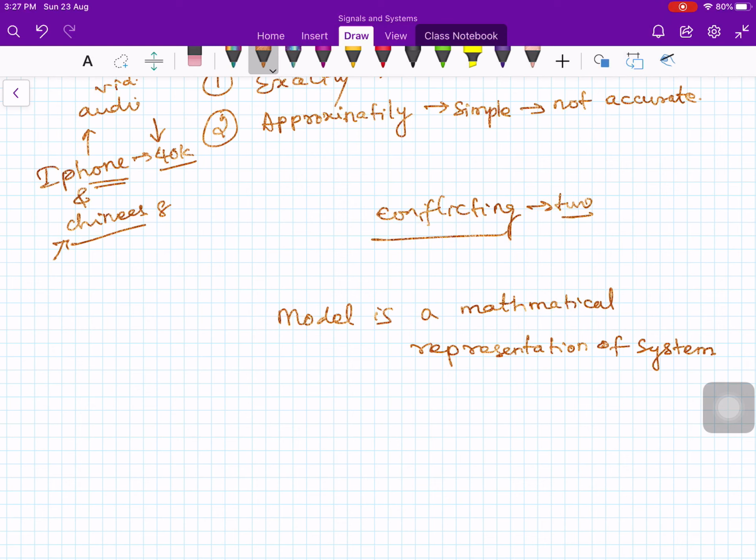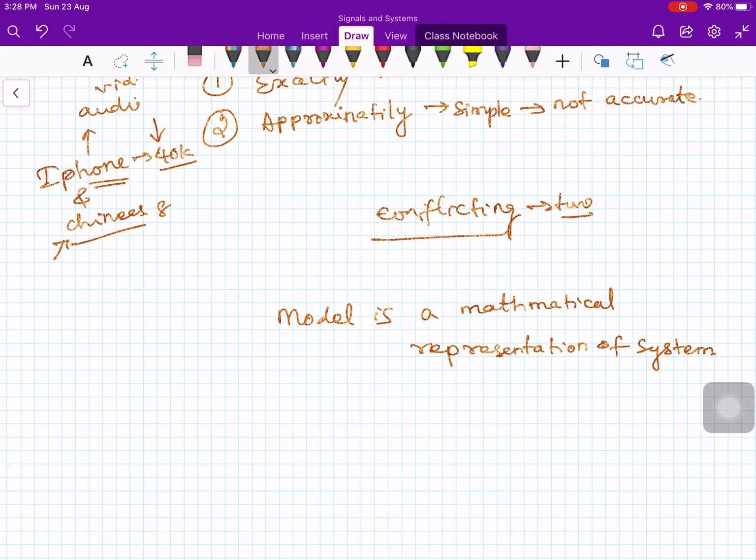Now, in arriving at a model for a particular system, the derivation of a model is specific to a particular discipline. You must study the physics of the situation, and you must know the characteristics and arrive at a suitable model. But once we have evolved a model, then a whole lot of systems can be analyzed through a common framework, a common set of mathematical tools which can be used to analyze a whole lot of these different system models.